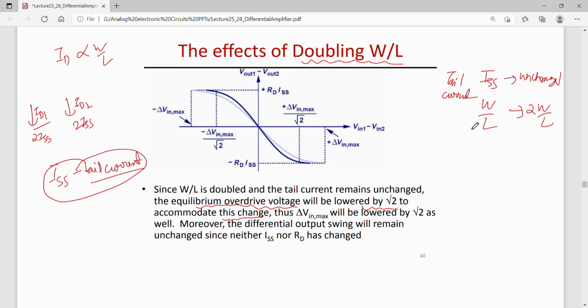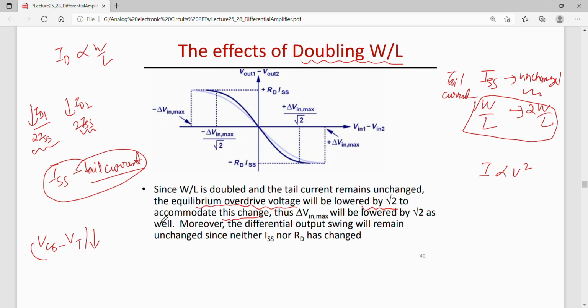So to accommodate this fact, the overdrive voltage, VGS minus VT, should be lowered by root 2, because the current is proportional to the square of the voltage applied at the gate.